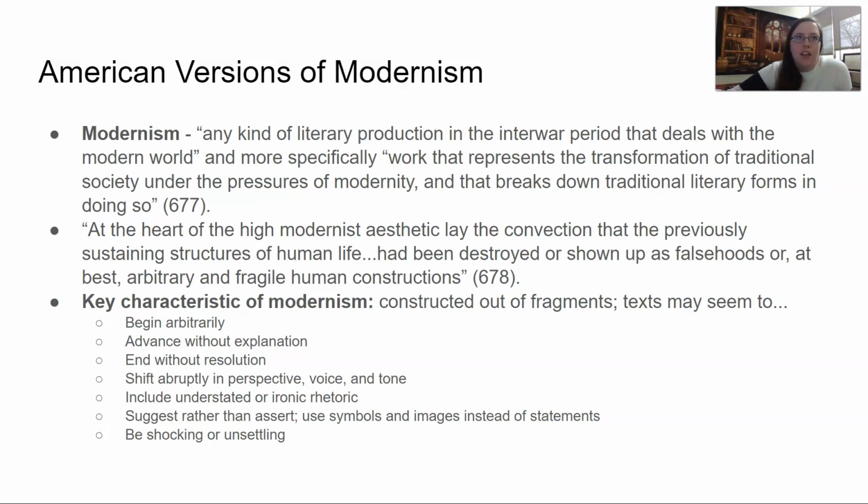Humans have constructed that to make sense of the world, but really those structures are fragile. They can be broken down really easily when you start to attack them and challenge them and question those things. And so that is modernism.